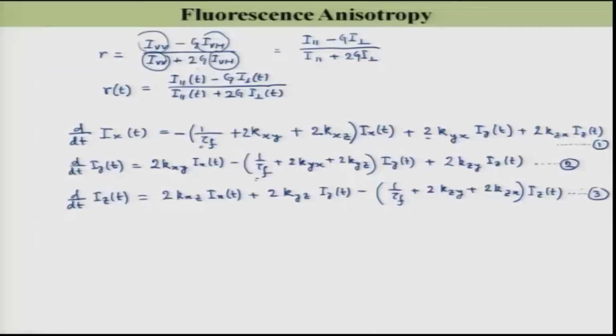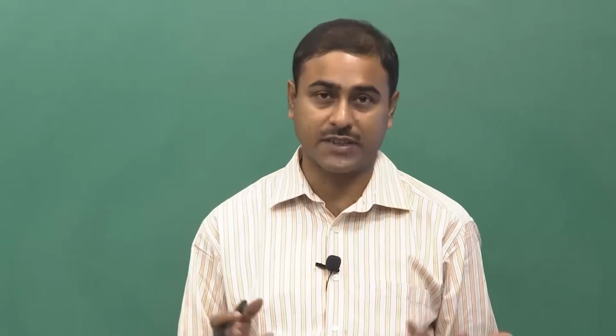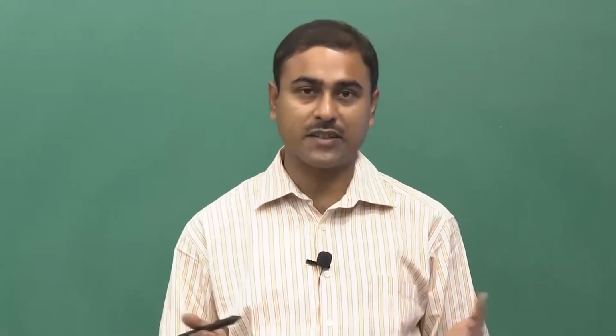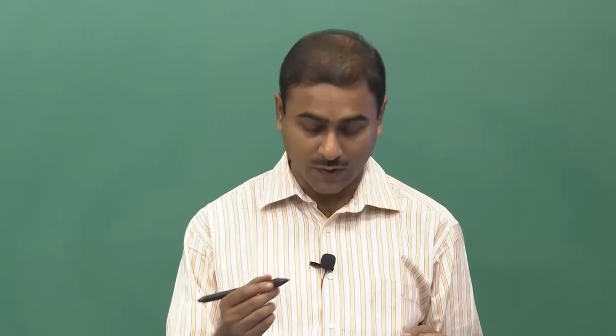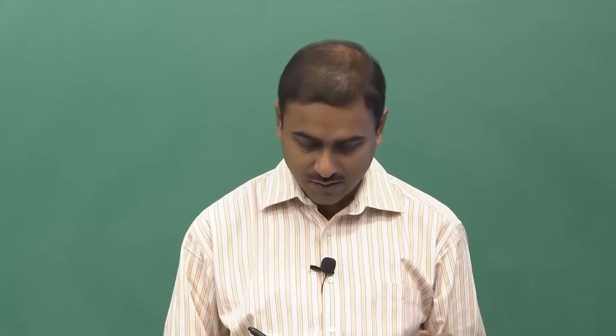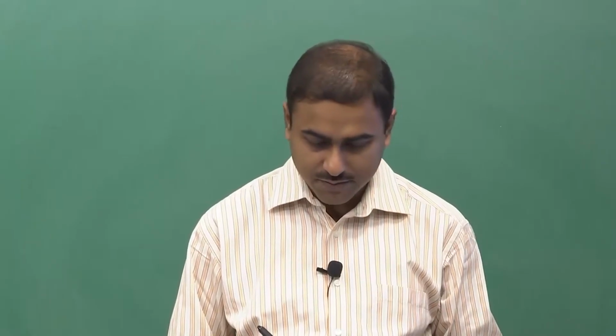So, this k x y should be equal to k x z, should be equal to k y z, should be equal to k z x, and like that all values should be the same. So, let us replace all these values with one constant, and let us name that constant d.